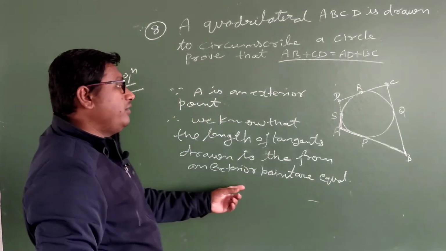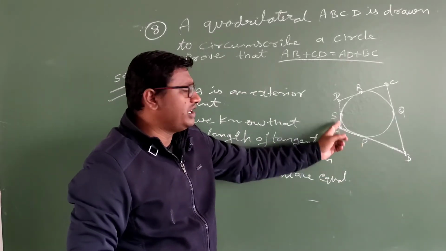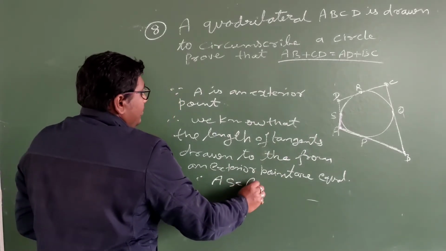So here the exterior point is A and the tangents are AS and AP. So the lengths of these 2 tangents will be equal. Therefore we can write AS is equal to AP.